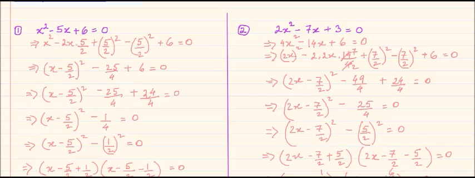So half minus 7 by 2 is minus 6 by 2, which is nothing but minus 3, when added to plus 3 will be giving us a 0. So x equal to half satisfies this particular quadratic equation.